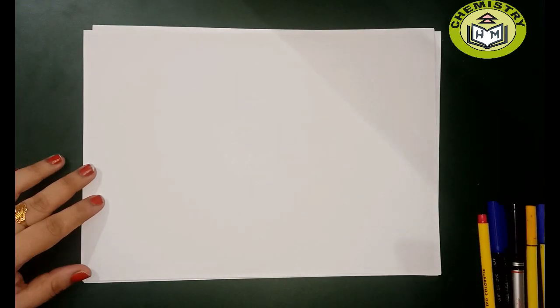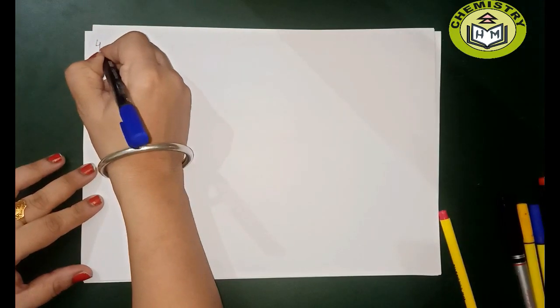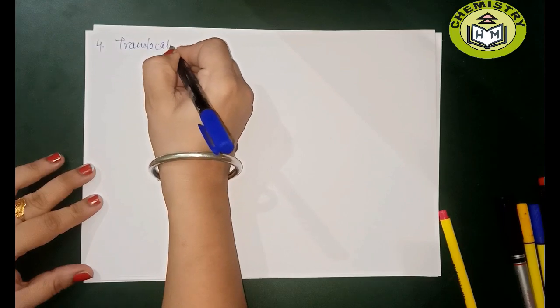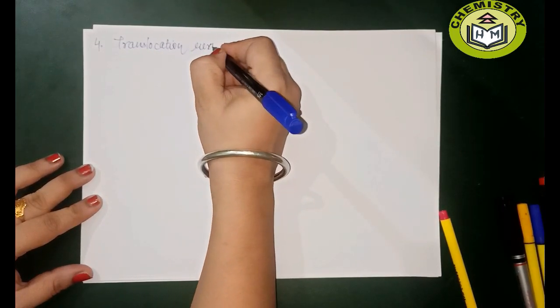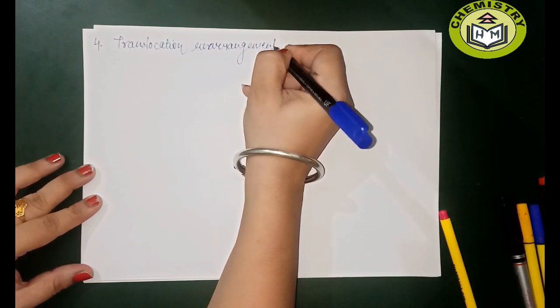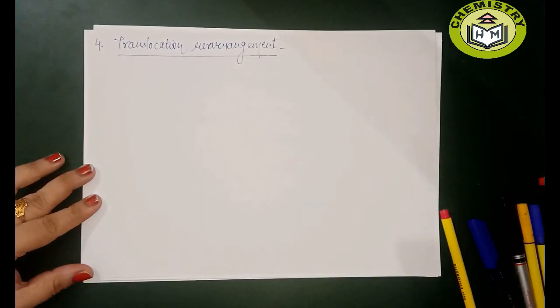So the first method for the synthesis of ibuprofen is the aryl 1,2 translocation rearrangement.